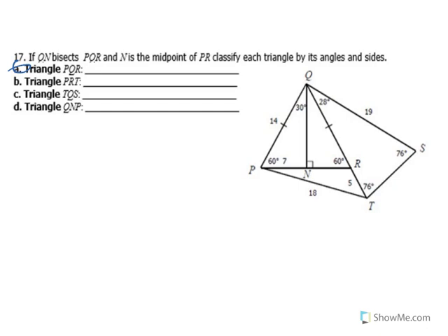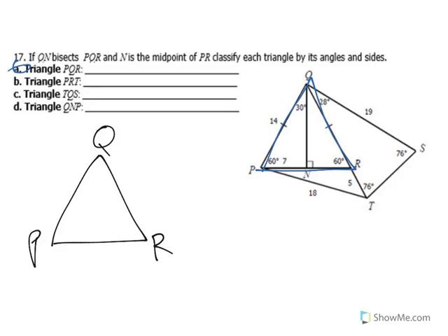So let's take the first part. A is saying triangle PQR. Sometimes it helps to pull that whole triangle and redraw it over here. So I'm going to do PQR. I'm just redrawing what they have there. I am told that this is 60 degrees. This is 60 degrees. This line I just drew, this bisector, bisects this angle, which means cuts it in half.